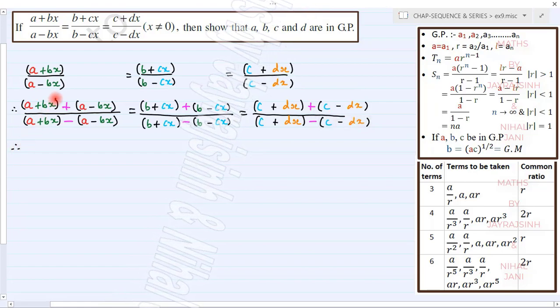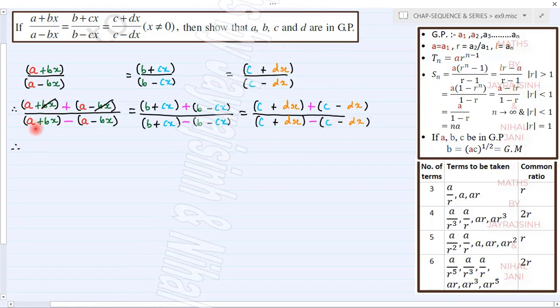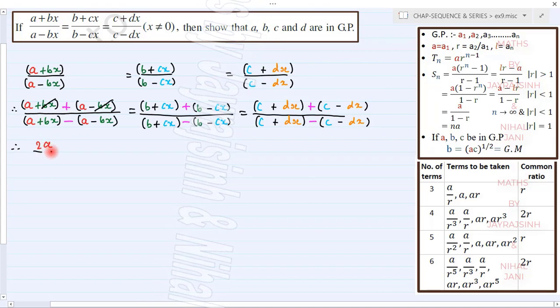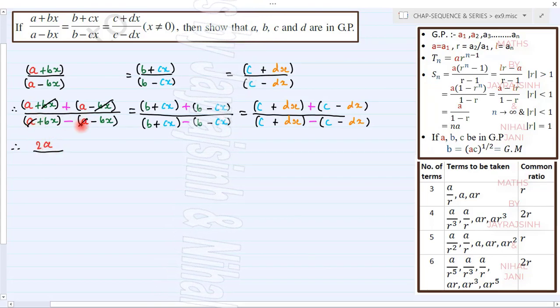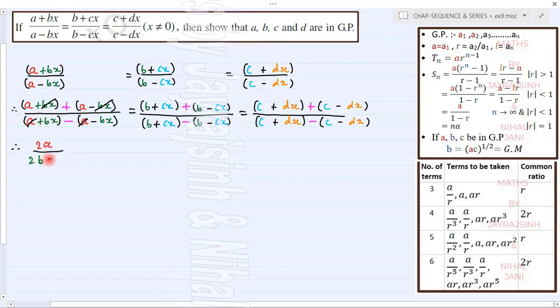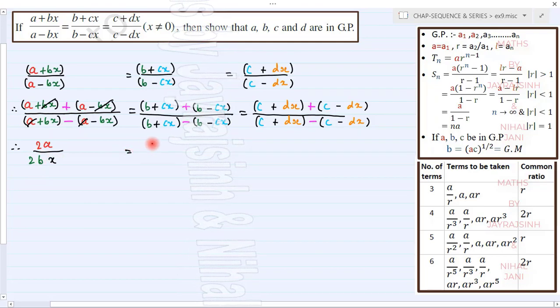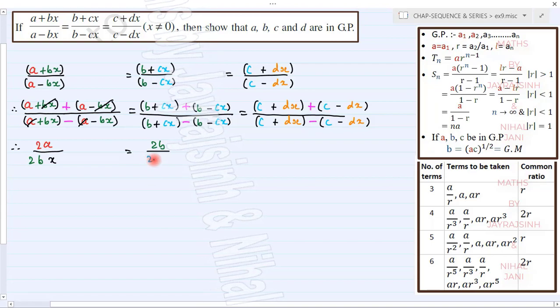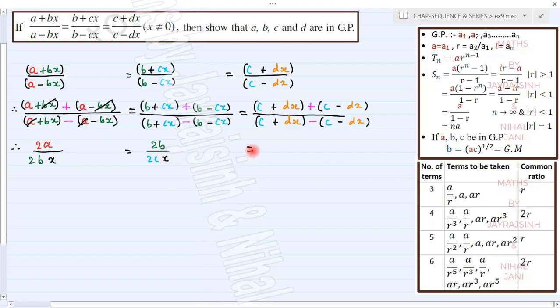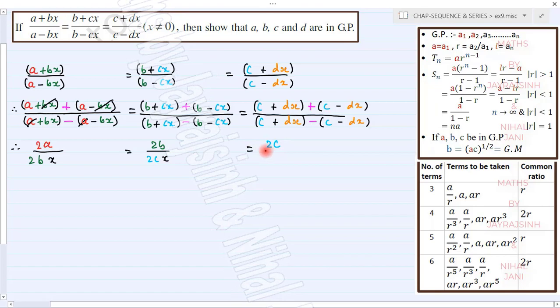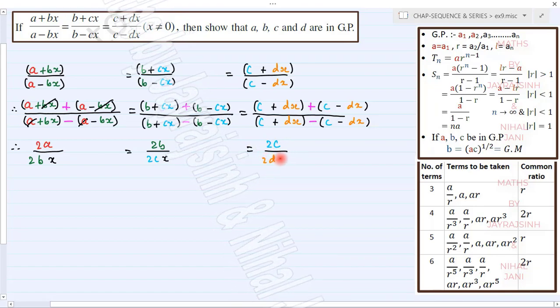So if we simplify, bx will cancel out, we'll get 2a upon 2bx. Similarly, in the second term, we'll get 2b upon 2cx, and in the third term, we'll get 2c upon 2dx.